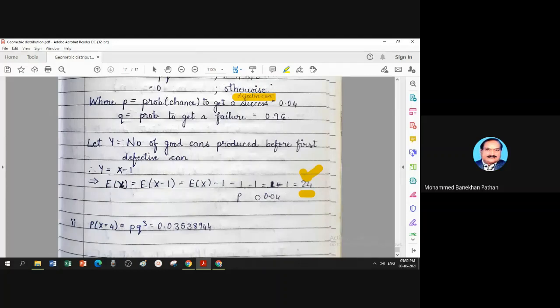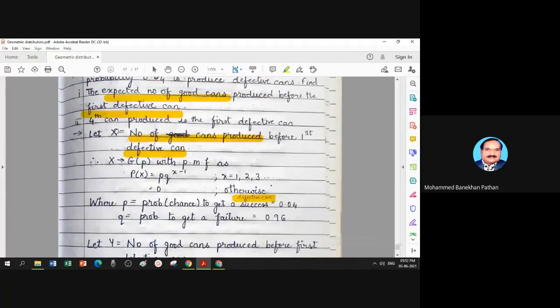What is the second part? I want the probability that the fourth can produced is the first defective. That means I kept watch on the process. First can is good, second is good, third is good, but the fourth is defective.